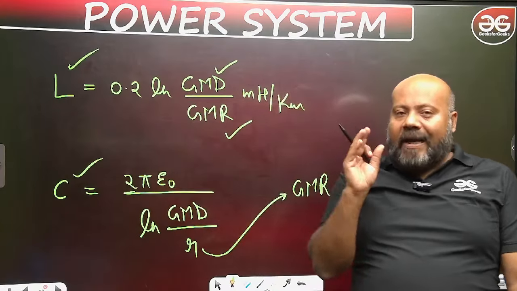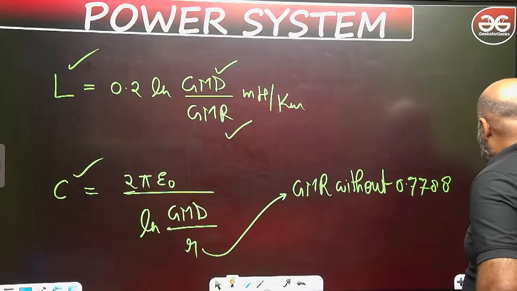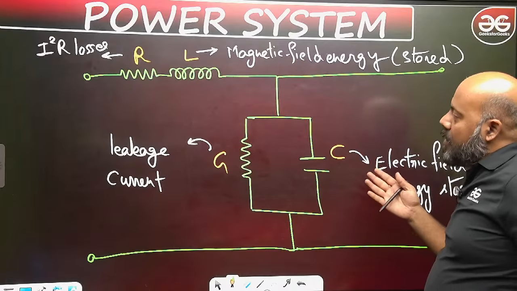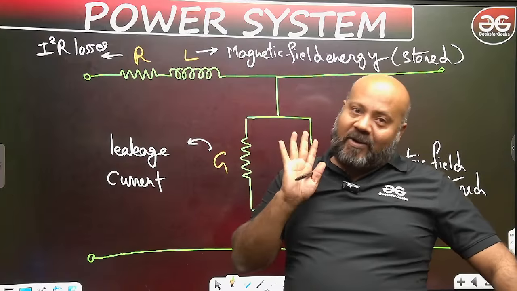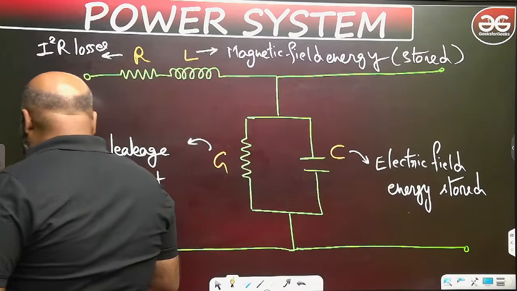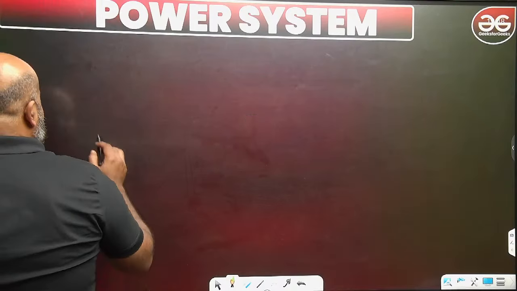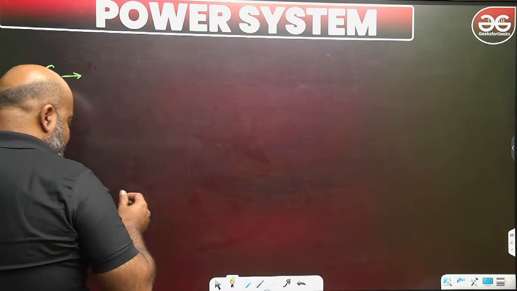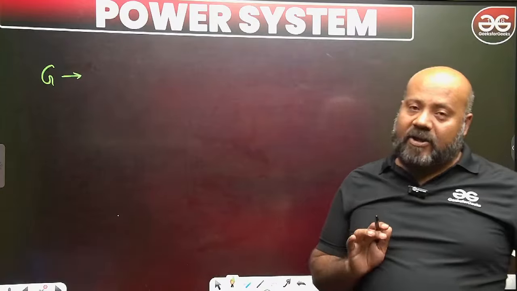It means quite perfectly you can say that when we talk about our line parameters, whether it is R, L or C, they are constant. There is just one parameter which is not constant, that is G. G we are defining as conductance, and as I told you, it actually represents the leakage current.